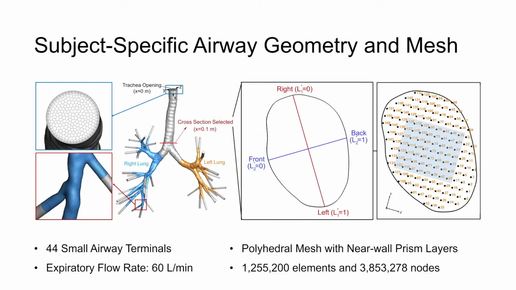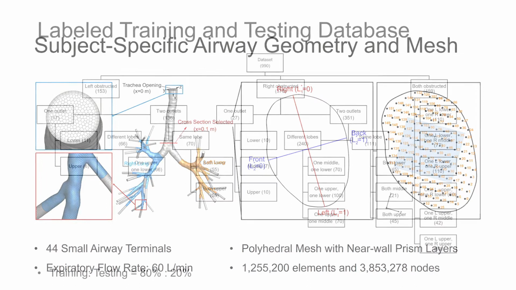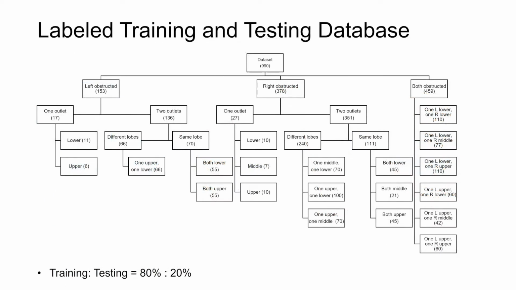We selected one subject-specific airway geometry and generated a polyhedral mesh with near-wall prism layers. For all the simulations, the expiratory flow rate is 60 liters per minute. This airway contains 44 small airway terminals. To create different obstruction cases, we block one or two of those small airway terminals, which gives us 990 cases with different obstruction sites.